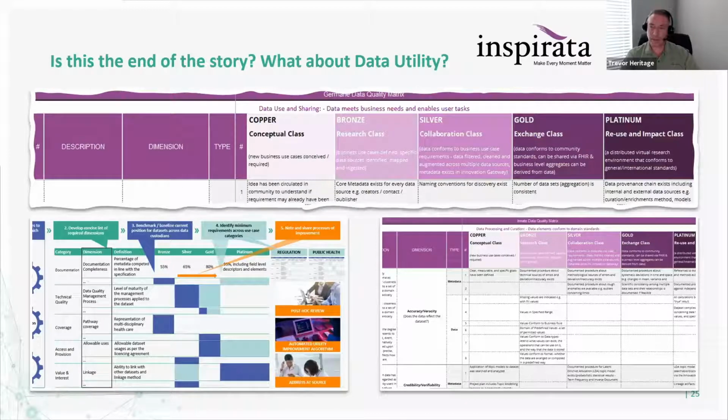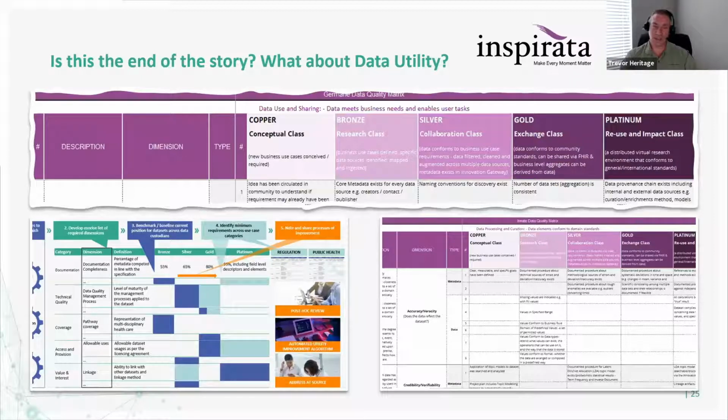And the value of this approach is not only that it gives you an assessment of the quality and the utility of the data, but if your data set, for example, falls into the silver class, it gives you an indication of where the gaps are and what you might need to do to improve that data set and move it up to the gold or hopefully even the platinum class.